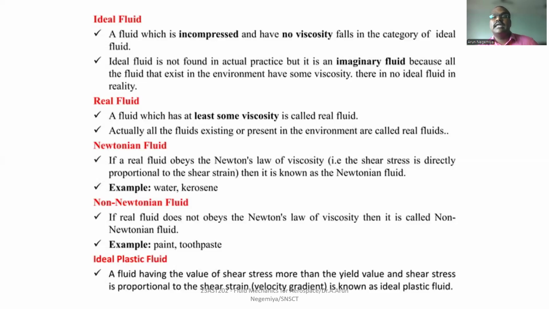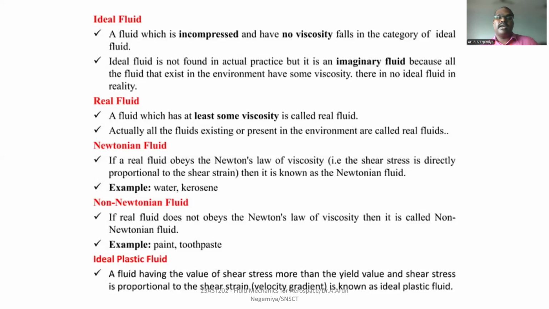That is called a tangential force. Shear strain means the change in shear length divided by the original length. So for example, water or kerosene obeys Newton's law of viscosity.